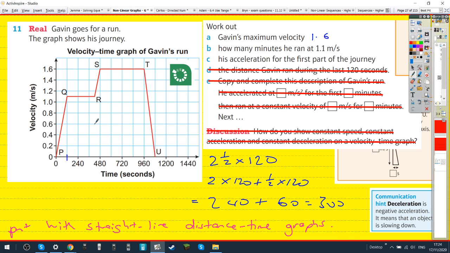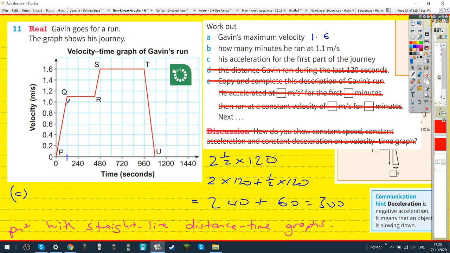And so how would you do C? Okay, the acceleration for the first part of the journey. Look at the steepness of the line. So what's the rise? What's the run? His acceleration. I don't really understand.